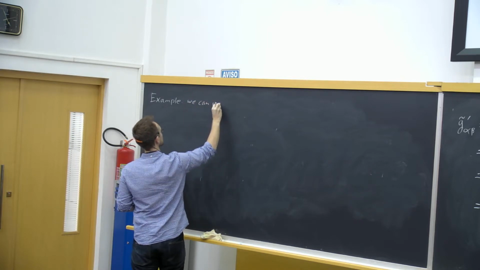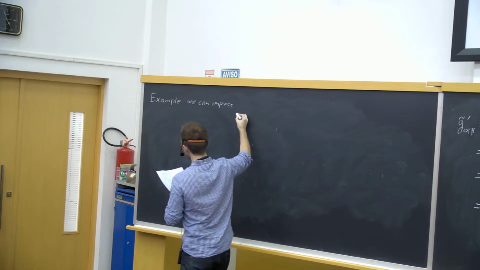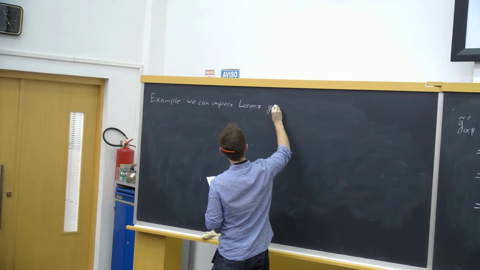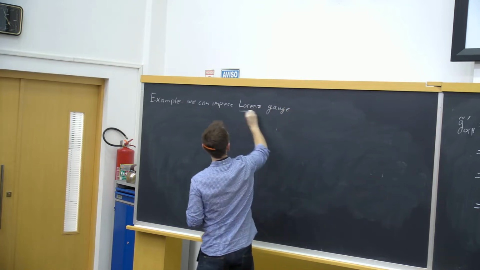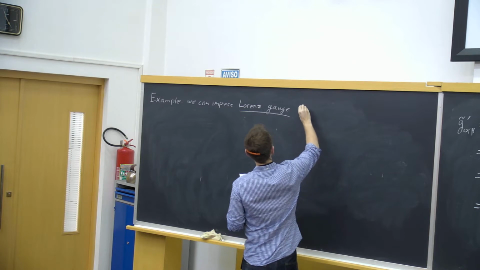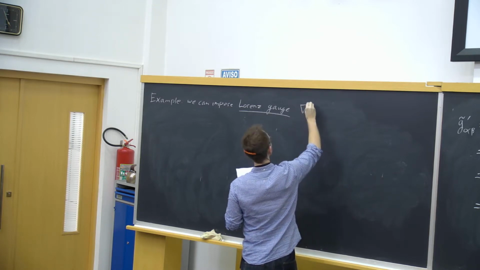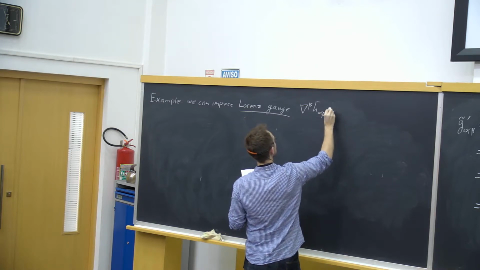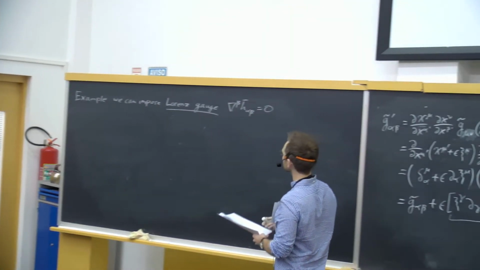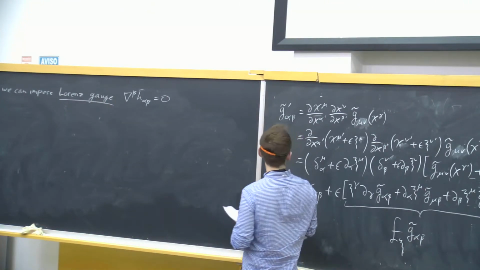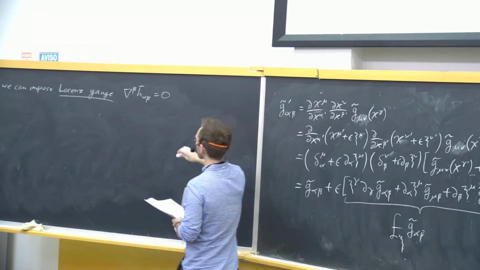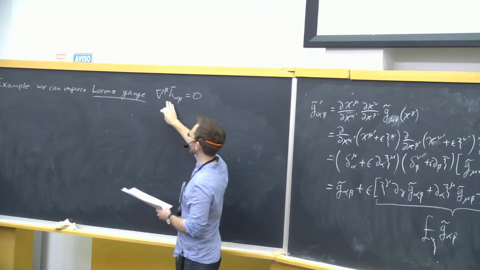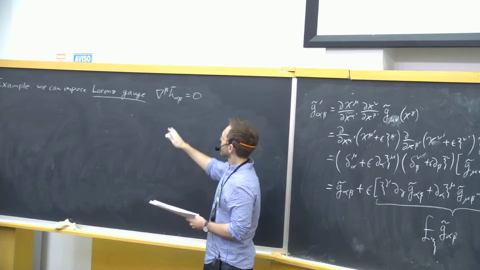We can impose the Lorentz gauge, which is that the divergence of h bar is 0. So this is why I wrote the linearized Einstein equation in terms of things involving the divergence of h bar, because now we can set them all to 0.